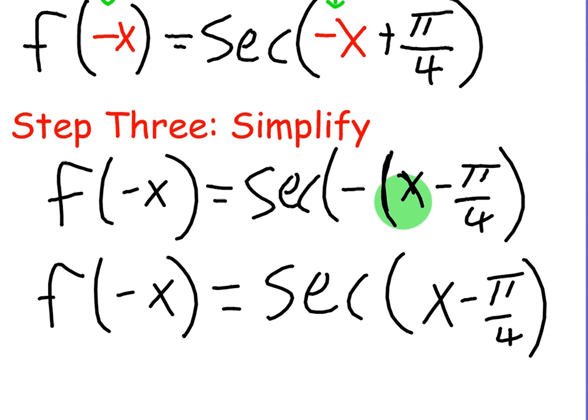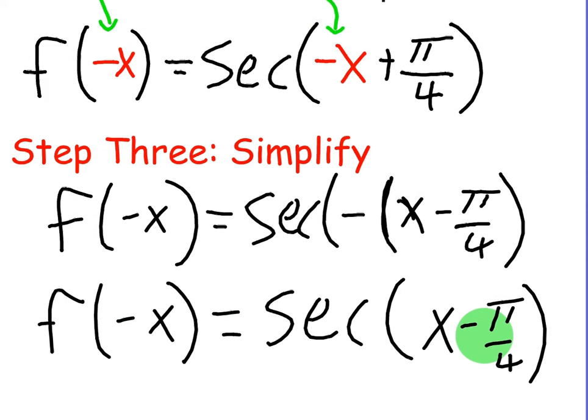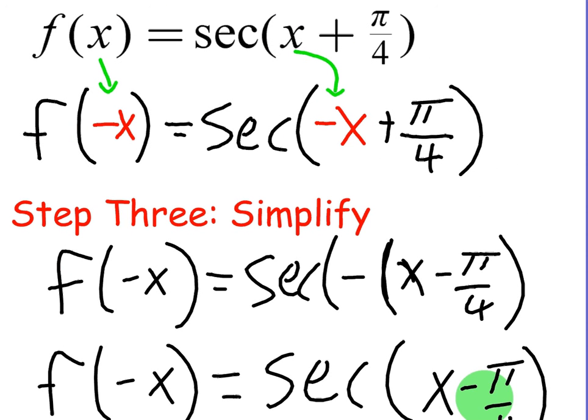The negative goes away because secant is even. However, f of negative x is secant of x minus pi over 4. But look what we started with, secant of x plus pi over 4. So perhaps this is a proof that it is not even, right?